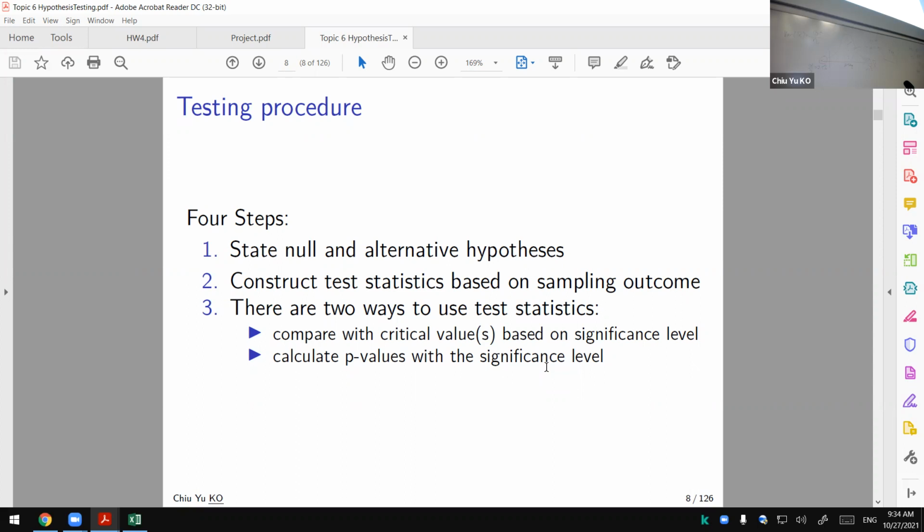So you decide whether your X bar is in the rejection region or not. This is one way. The other way around is alternatively, you look at the following. Instead of looking at the upper M, look at your data, X bar, and look at the area.